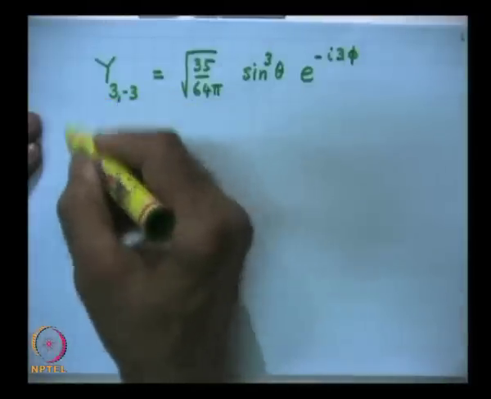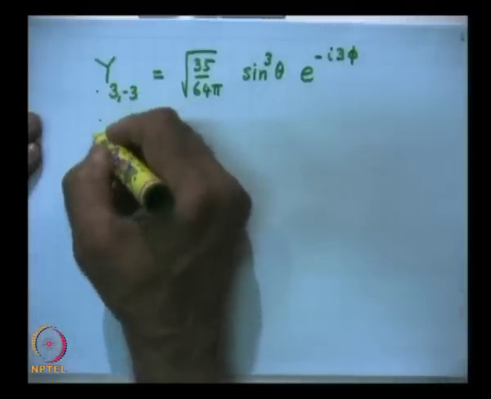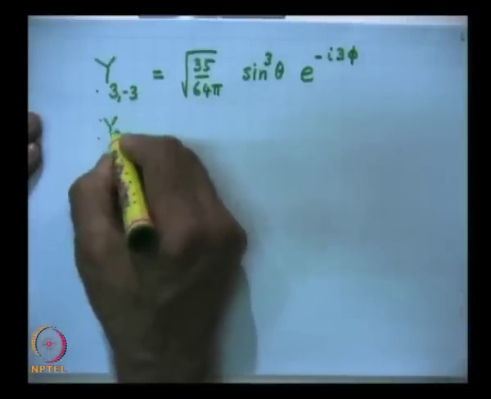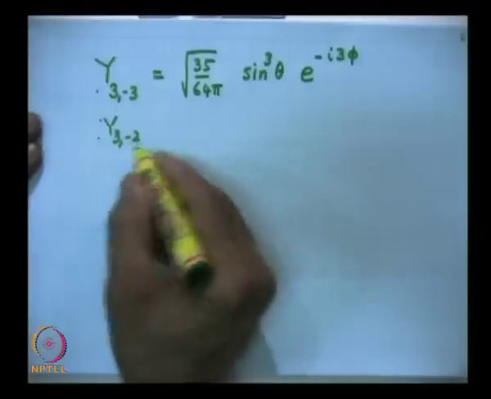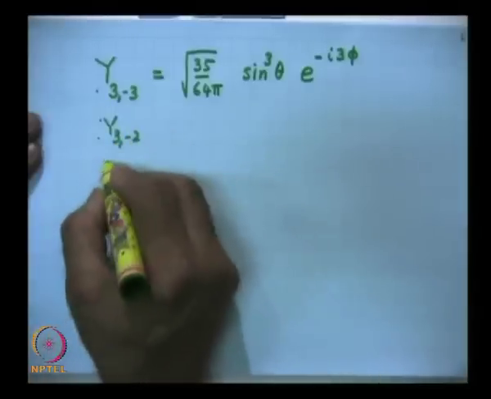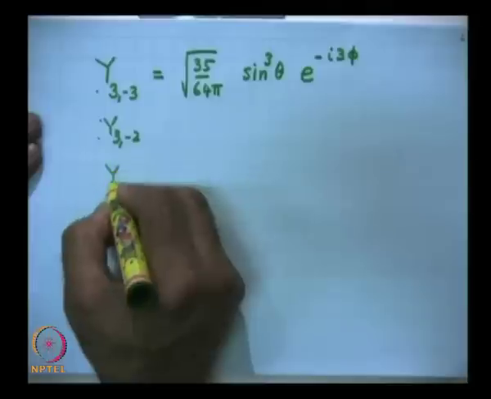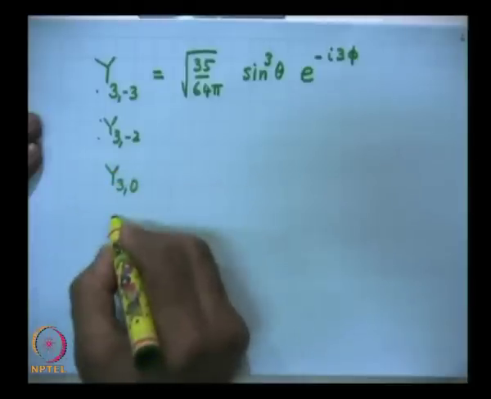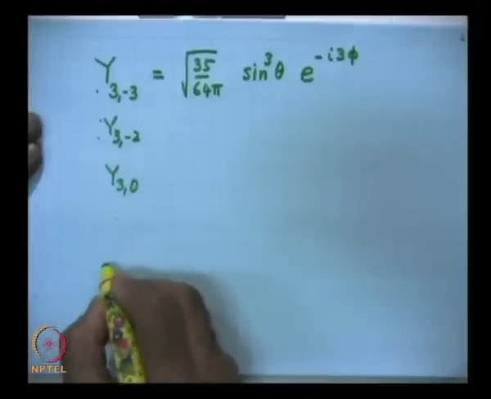You keep on operating the ladder operators, you get Y 3 minus 2, and these expressions are given in any textbook, Y 3 minus 1 and then Y 3 0, and then Y 3 1, Y 3 2, Y 3 3.